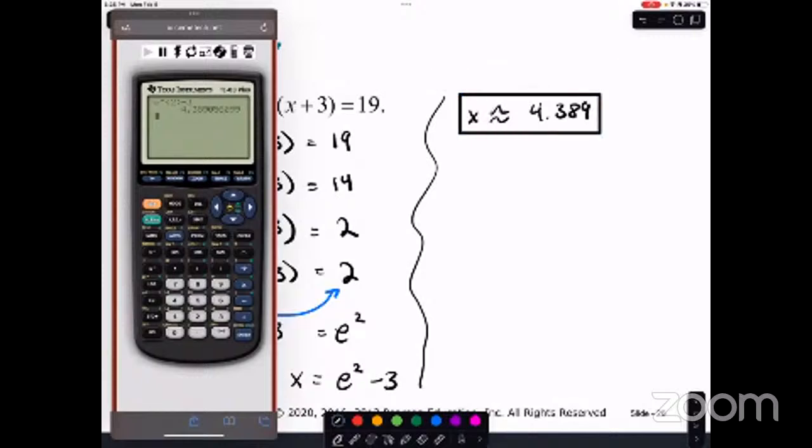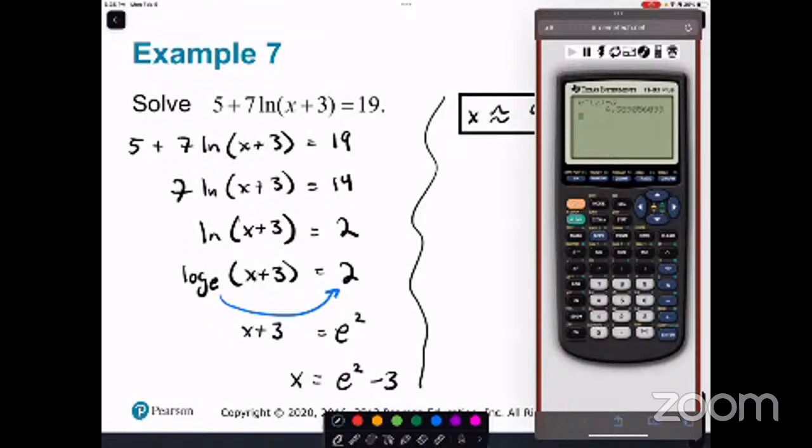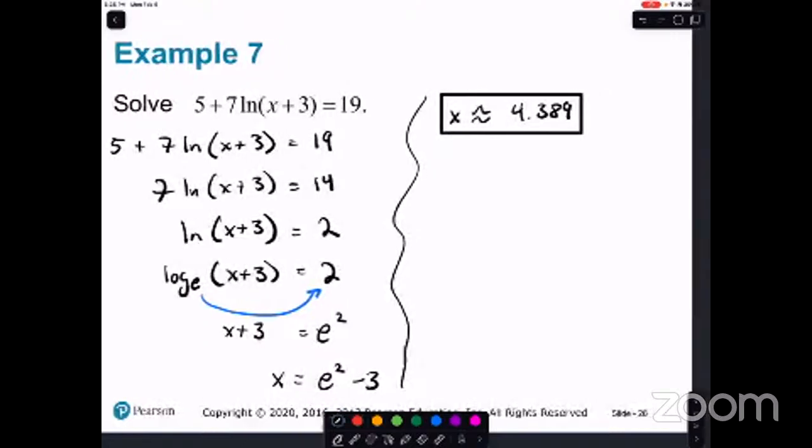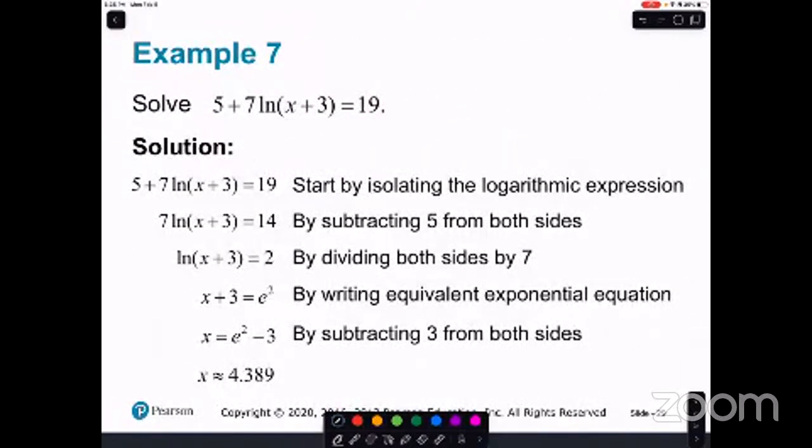We should plug it in to check. Just in the interest of time, I'm just going to use my prepared notes. 389, 389. And so this is just a typed explanation of what we just experienced, with a little written justification for each step.